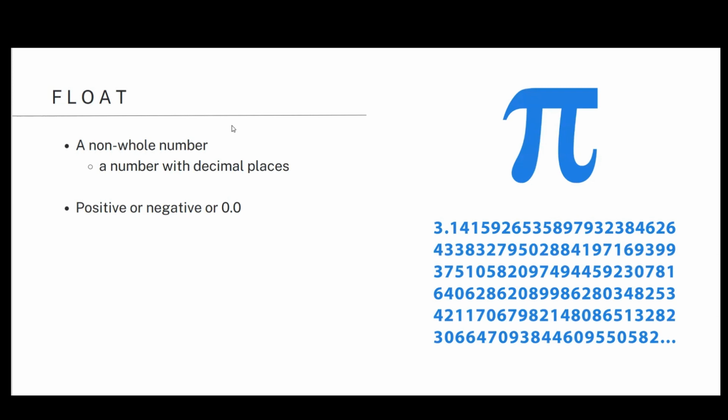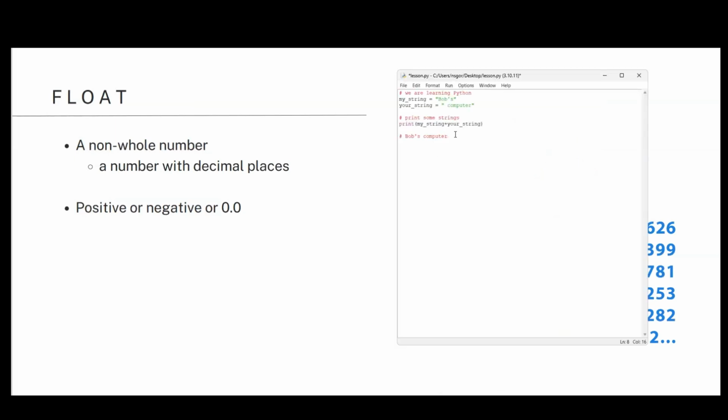Next, we have a float. So a float is a non-whole number. You can think of it as a number with decimal places. So pi, for example, 3.141, that has a decimal place. It can be positive or negative, but if it has decimal points and it's not a whole number, then it would be considered a float.